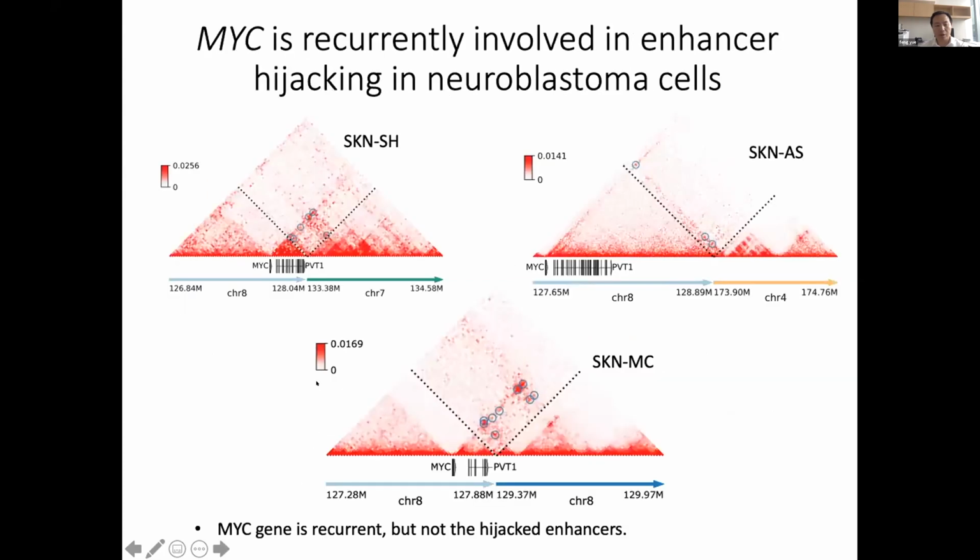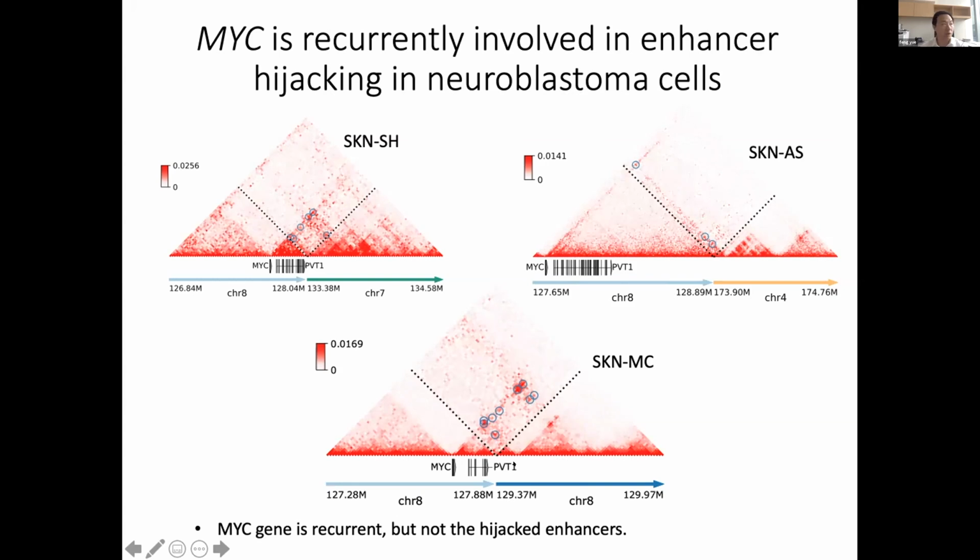So in this case, I just gave you one case study. MYC, of course, we all know is a notorious oncogene. In this case, MYC is involved in enhancer hijacking in 3 different neuroblastoma cells: SKN-SH, SKN-AS, SKN-MC. You can notice that they're fused to different chromosomes, 8 to 7, 8 to 4, and 8 to 8.